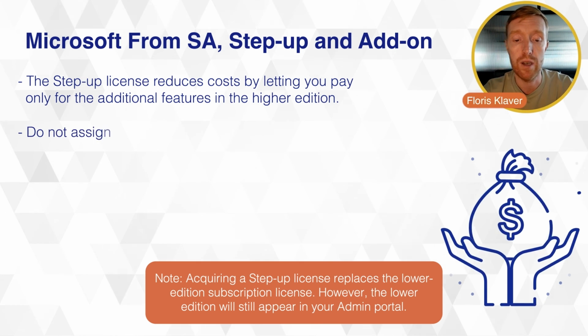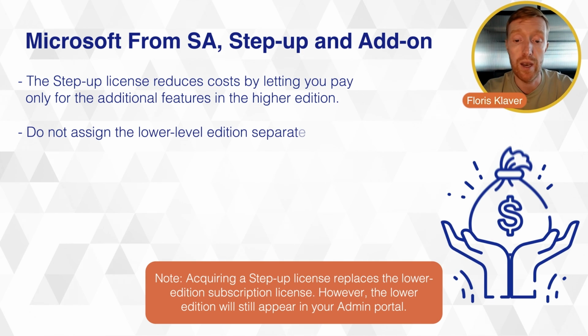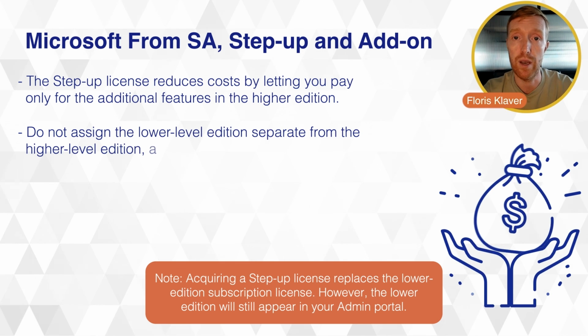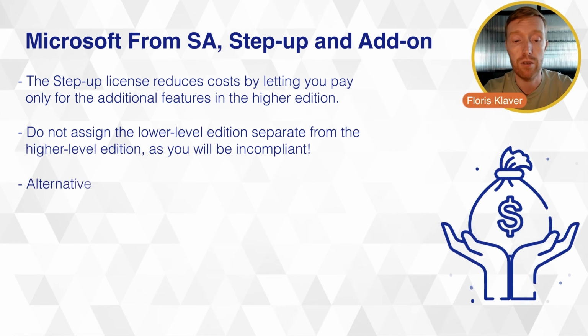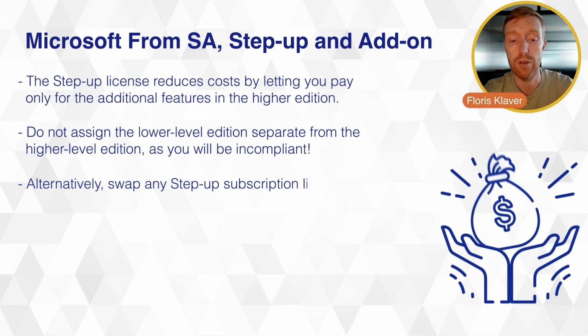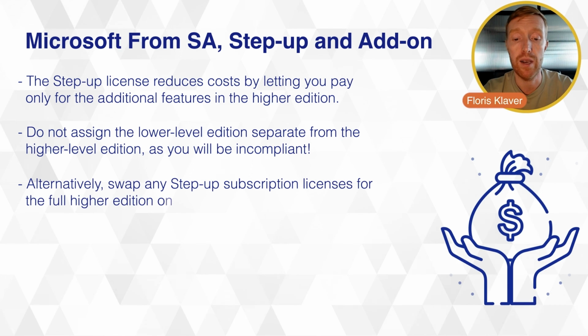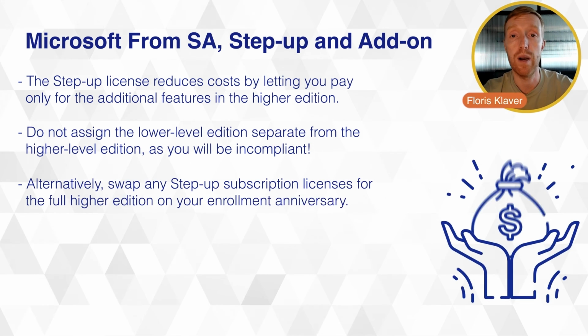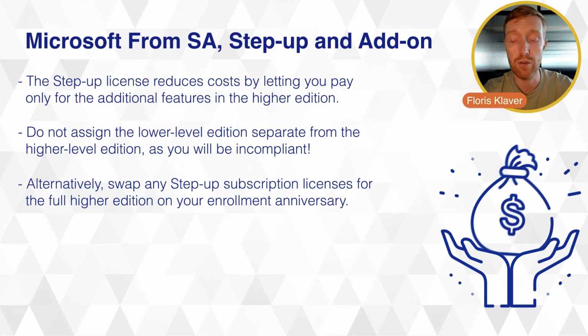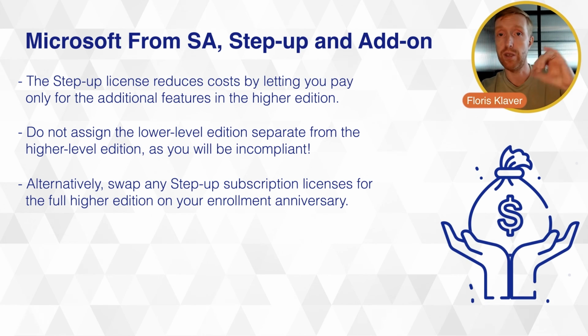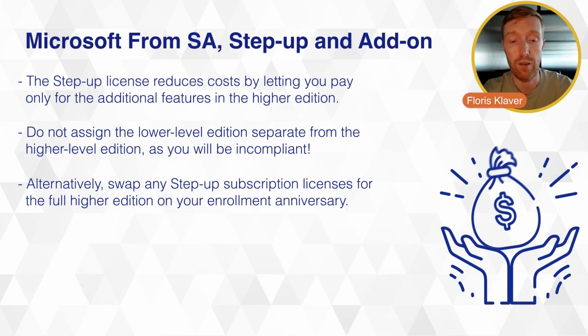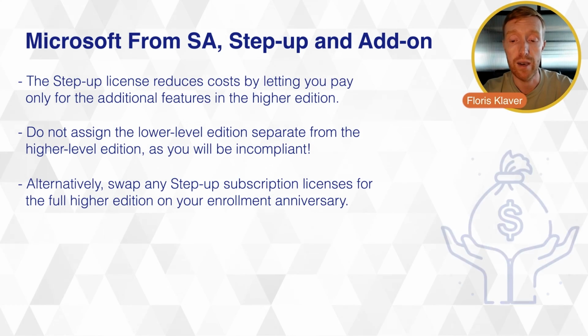So don't assign the step ups to anybody else than the person that you bought that step up for. As an alternative, you can always swap out the subscription license step ups for the full higher edition. A step up is great to buy within an active year of a contract, but at the anniversary, you should potentially think about swapping it out for the full higher edition.